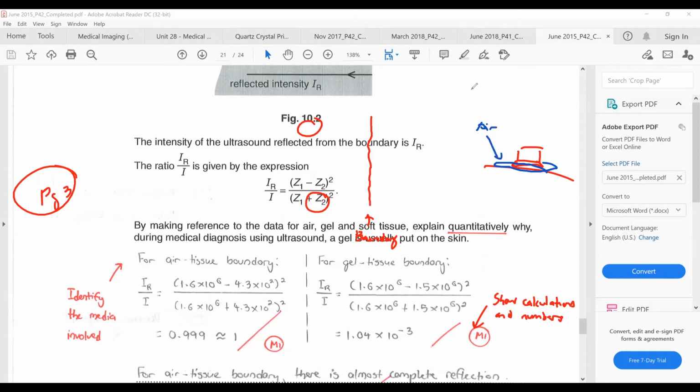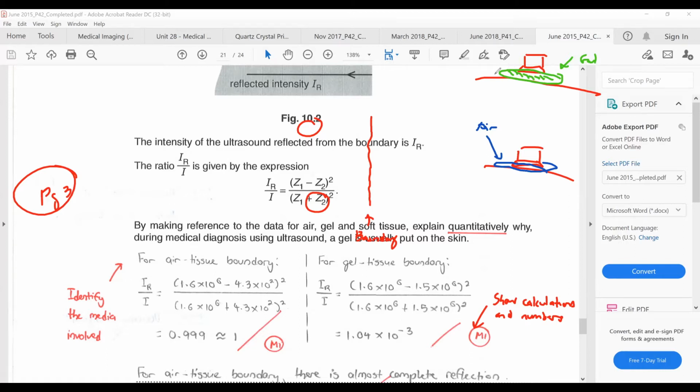So if you had a layer of air, your fractional intensity reflected would be very large. So instead what you do is you put a gel so that your intensity reflected is very small. So that was the basic idea I told you.